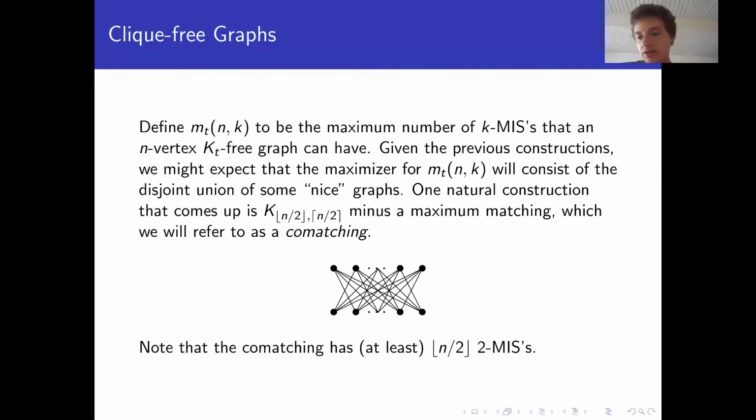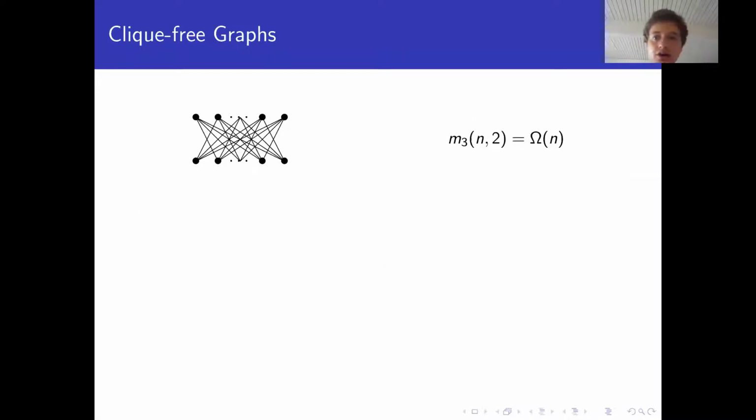So let's pretend we think this is a good candidate for possibly achieving this extremal value, and let's see how far we can get using these as building blocks. As mentioned before, there are triangle-free graphs which have at least a linear number of 2-MISs.